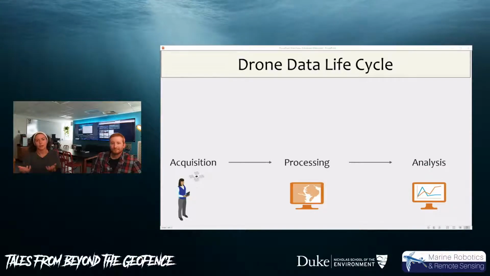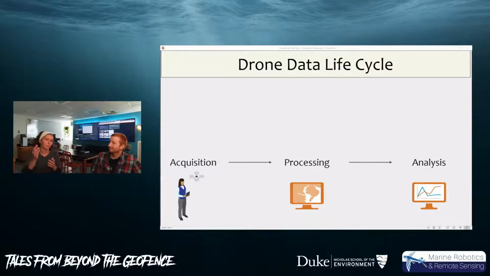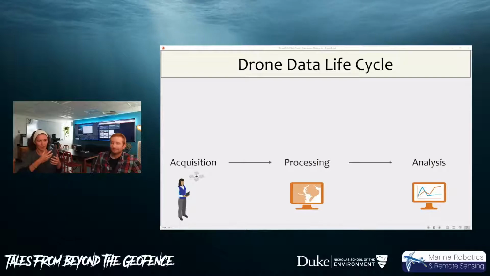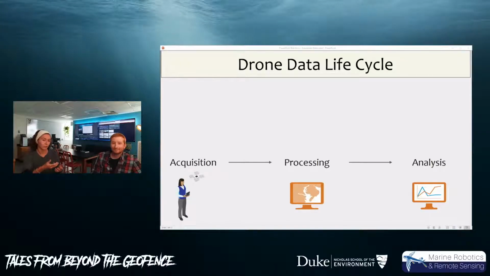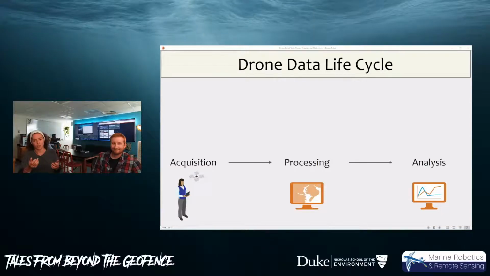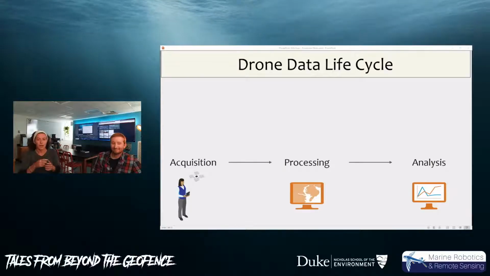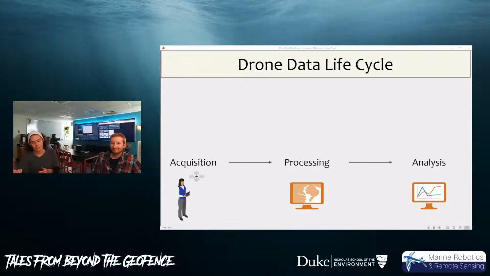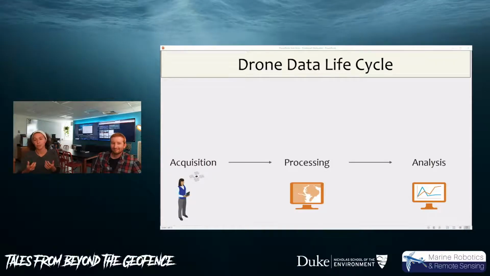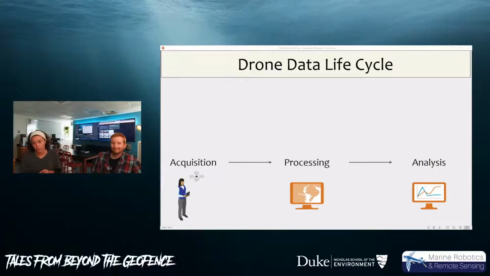And it really is illustrating the journey the data takes from acquisition, or going out into the environment and capturing the reality of whatever environment you're in, taking it through processing, so wrangling whatever you need to from that raw data, and then finally onto the analysis stage, where that data becomes information that can be used for research, management, or lots of different things.